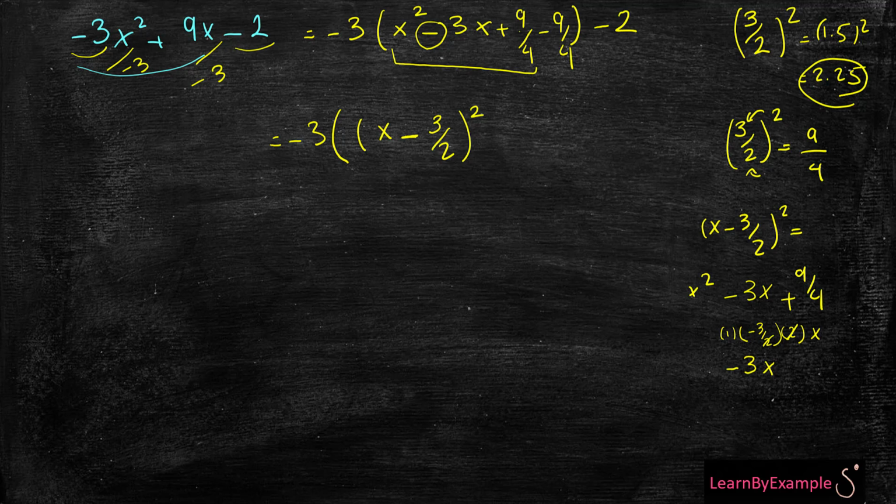Right? So I'm going to write that as is, and then I have a -9/4 over here inside the bracket closed, and my -2 is going to remain outside of the bracket.